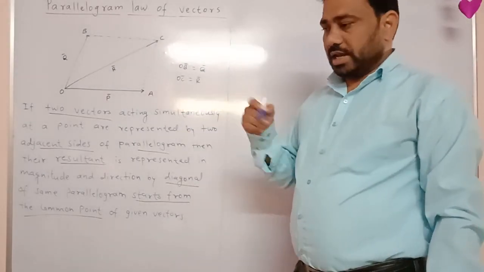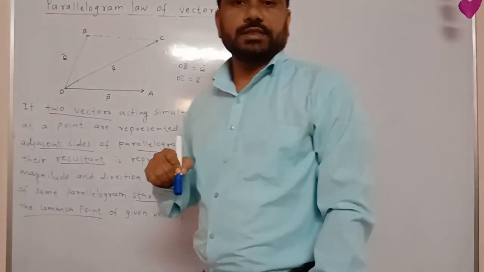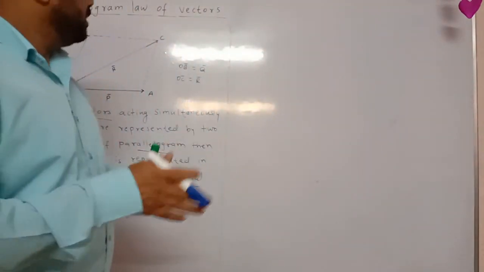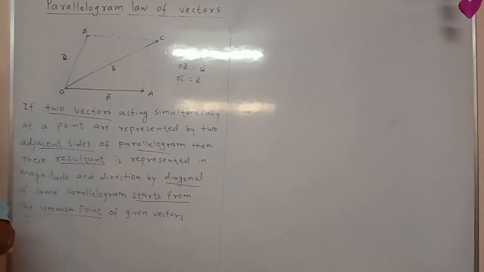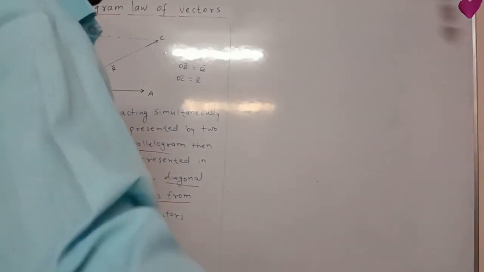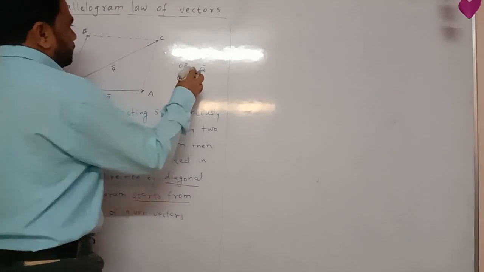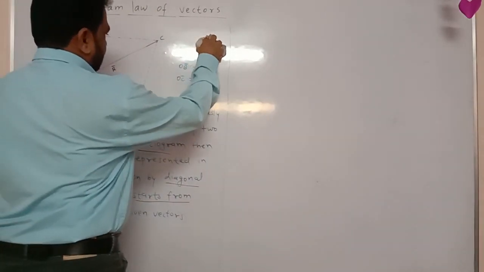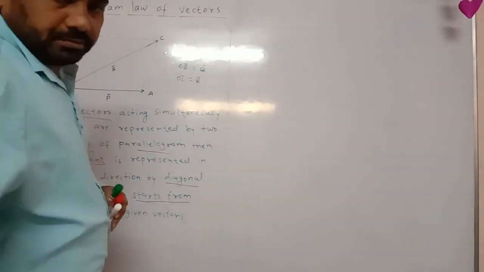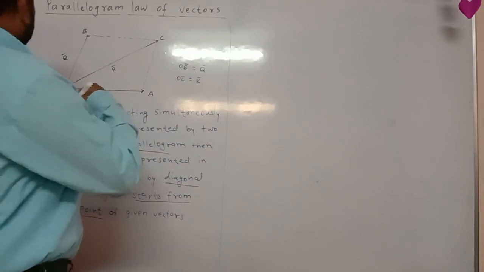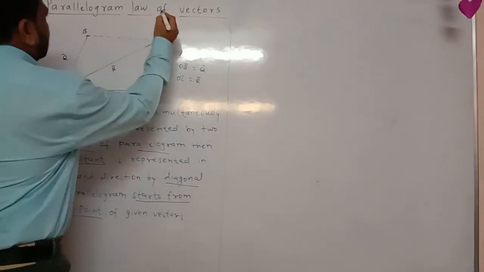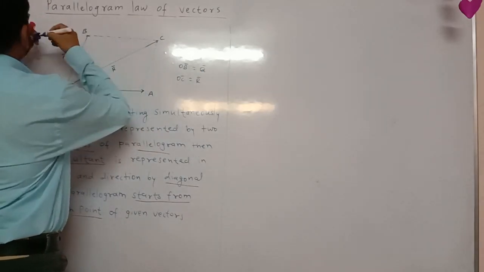How can we calculate the resultant of given vectors? To calculate the resultant of given vectors, we must know the parallelogram and its method. The special type of method is the analytical method, which we have to discuss. So you should write here: analytical method.